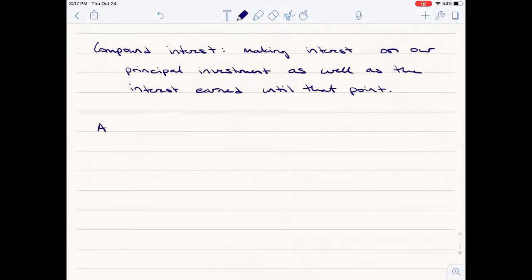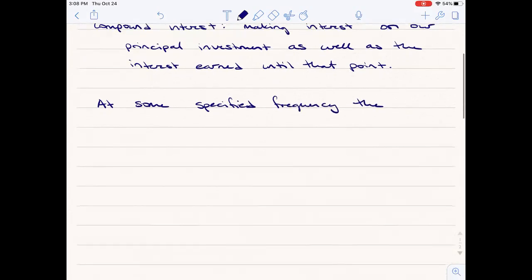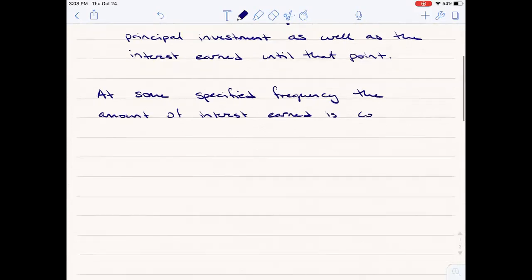So at some specified frequency, the amount of interest earned is compounded, which in brackets means added to.